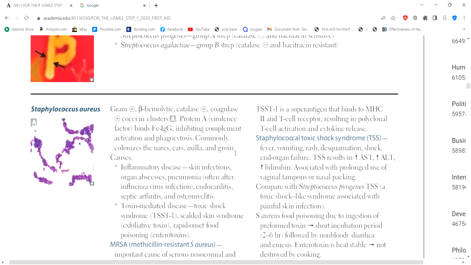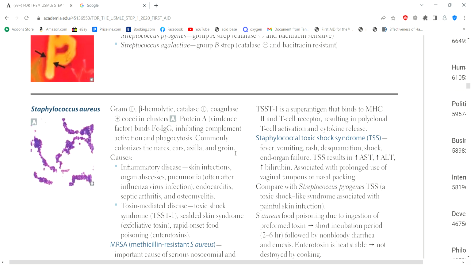Remember, there's a bunch of bacteria that have catalase in them, and the bacteria will break down the hydrogen peroxide so that the host WBCs cannot come and use the hydrogen peroxide to kill the bacteria. We'll get into that, but just know that is the background for catalase. So Staphylococcus is catalase positive. It is also coagulase positive cocci in clusters, as you can see in diagram A over here.